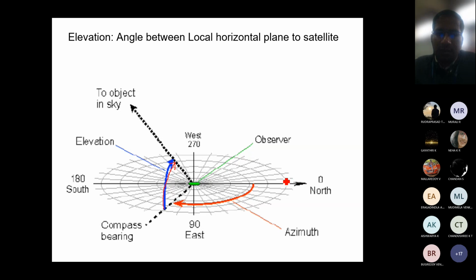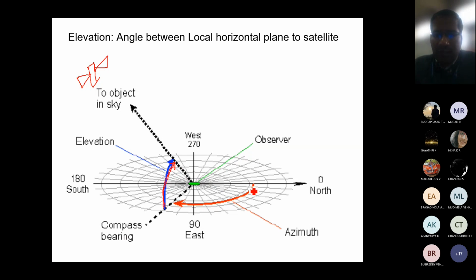So this direction is north and south, east and west. Your satellite is located somewhere here. So this is the location of your satellite, and this angle from the equatorial plane, the inclination angle, is called the elevation angle. All right.